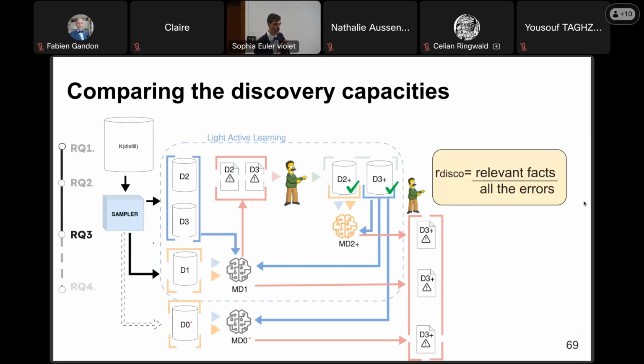We also propose to measure what is called the discovery rate, computed as the ratio of all the relevant facts over all the errors.